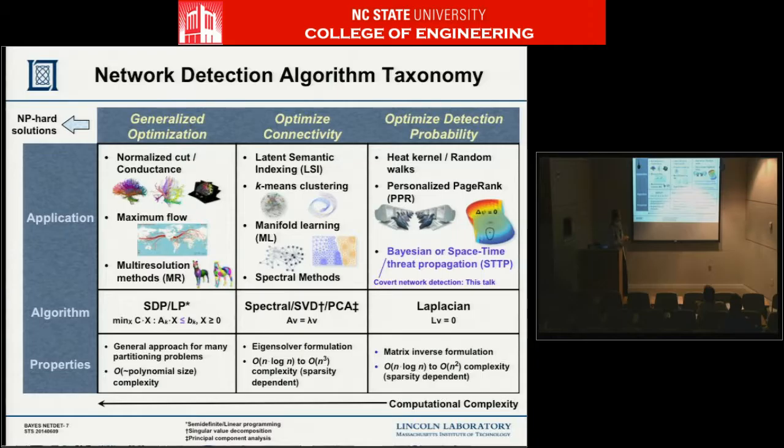And so there's a whole suite of algorithms for network detection. I've put together this taxonomy to describe what they are, using both the application area and the general mathematical approach used to solve the problem. This is a binary hypothesis problem.